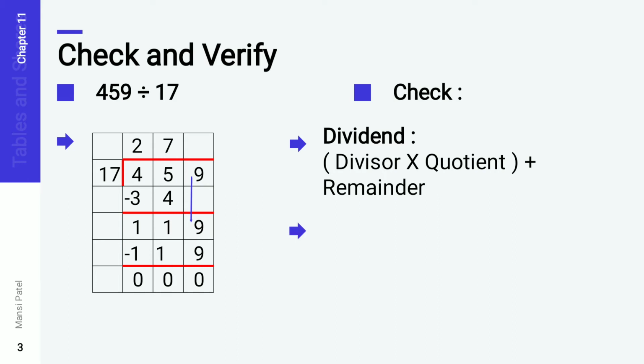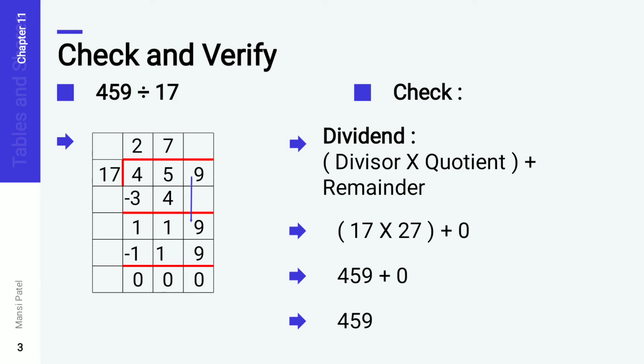So here your quotient is 17. 17 multiplied by 27 plus 0. And 17 multiplied by 27 is 459, plus 0. And as you know already, if we add 0 to any number, the answer is the same. So your answer is 459 only.